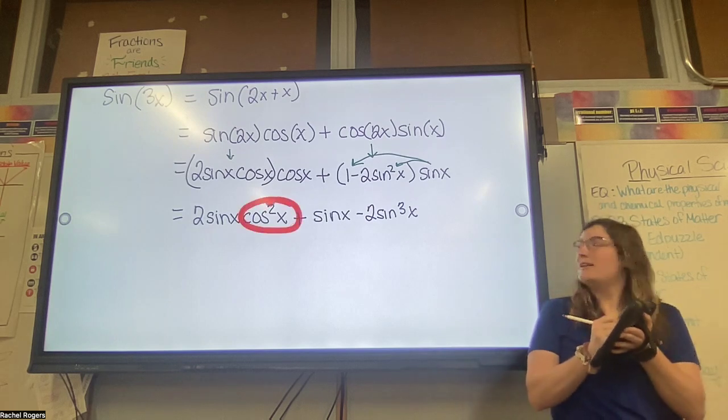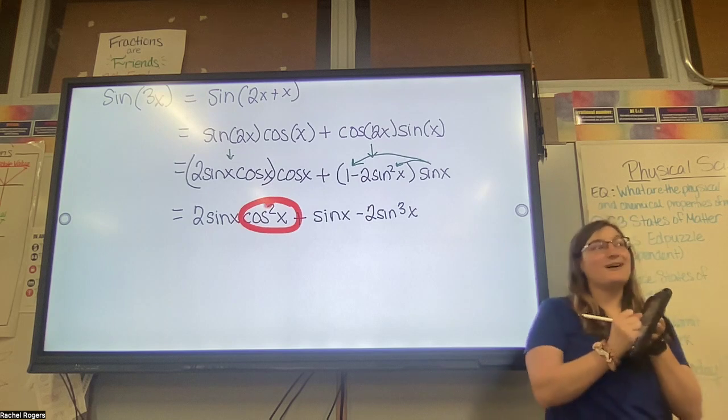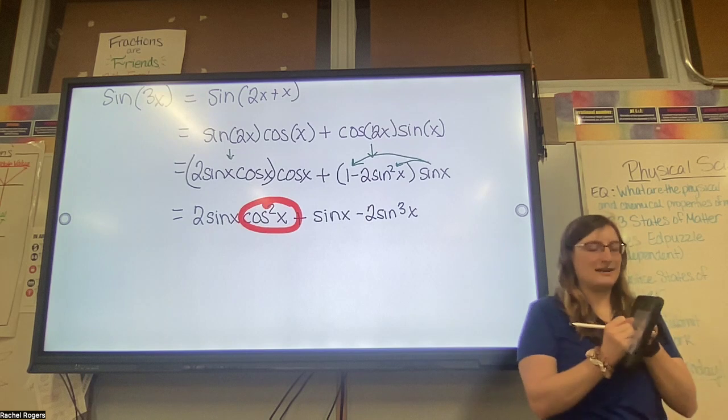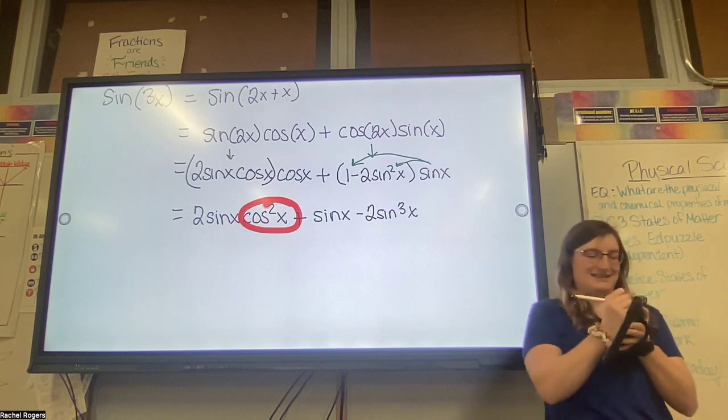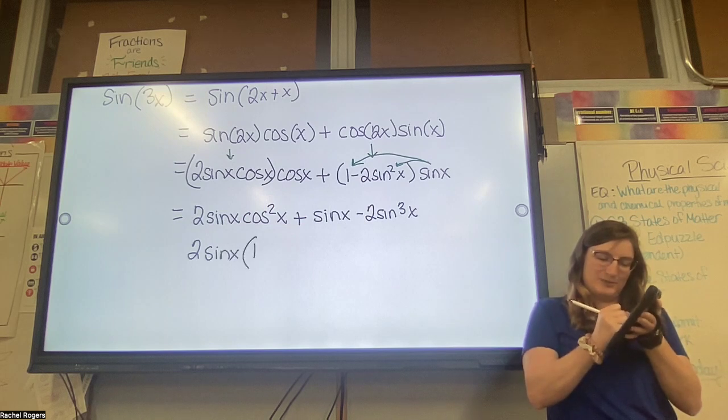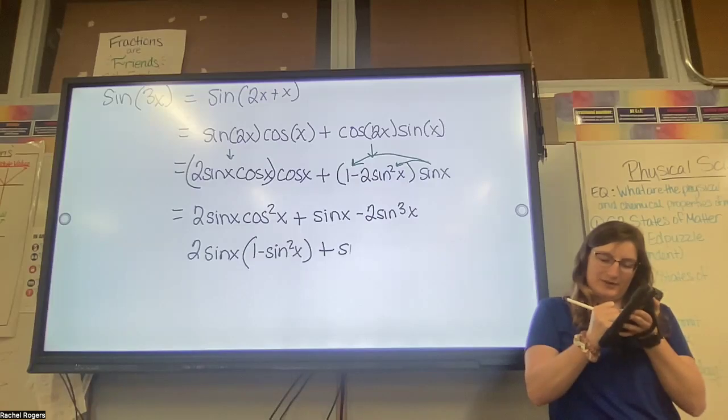No, we still have a cosine, but it's a cosine squared. What is cosine squared of x equivalent to in terms of sine? So this is 2 sine of x times 1 minus sine squared of x. That's our Pythagorean identity. Plus all the rest of that guy.